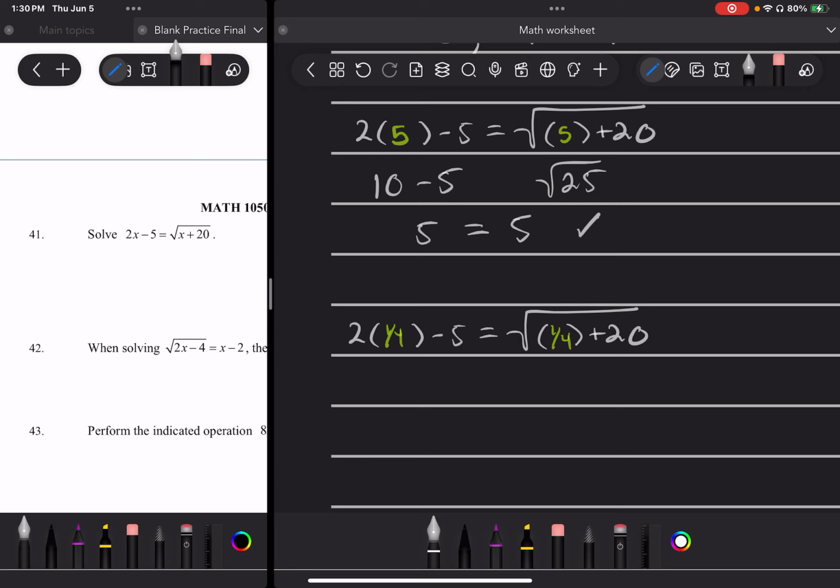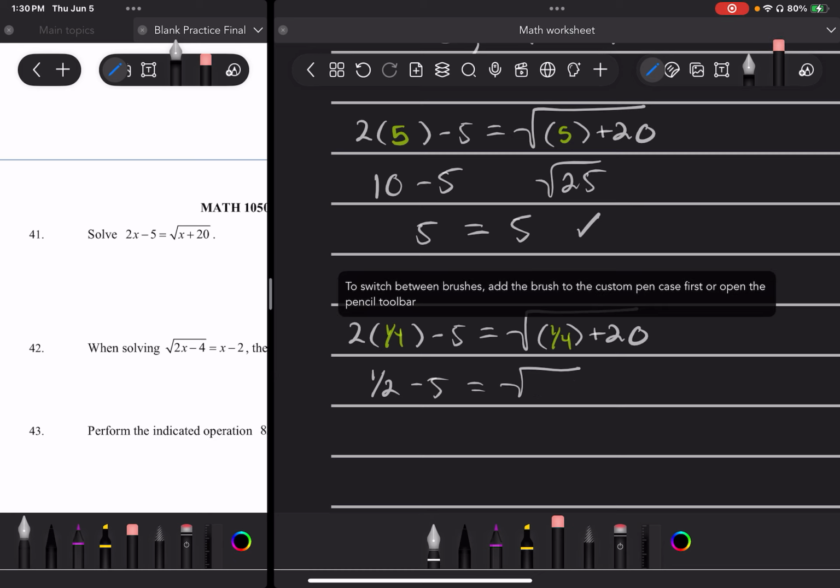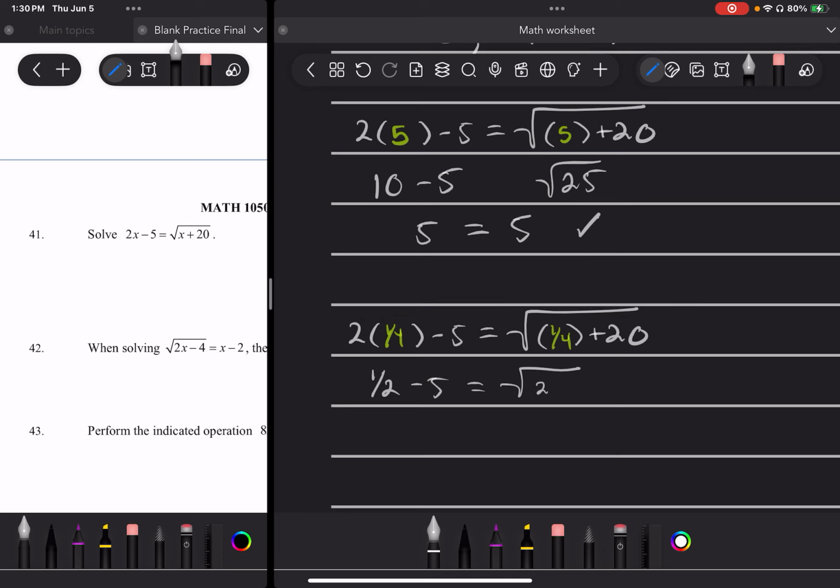Let's go ahead and check the other one. We have 2 times 1/4, which is 1/2, minus 5, equals the square root of 20.25 essentially. We could say 20 1/4, or we could also say it'd be 20 times 4 plus 1 over 4.